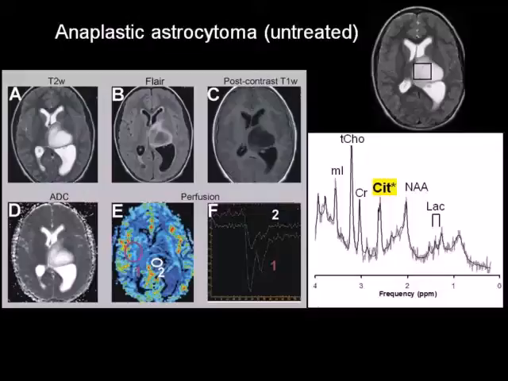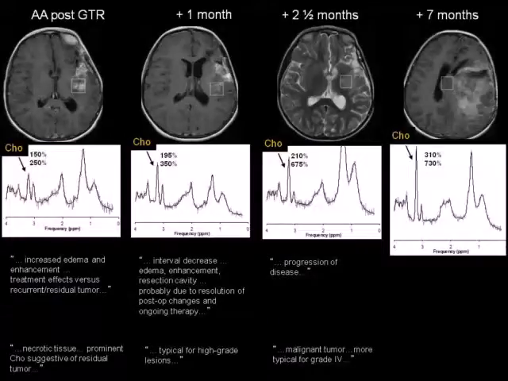So a lot of the things that we see in the adult literature, where high perfusion and choline to creatine ratio can predict aggressive behavior, I don't think work all the time or very well in pediatric subjects. We did find, though, this is actually a citrate peak, and we did find in some of our research that if you see a citrate peak, that can predict aggressive behavior, but that's still being worked out.